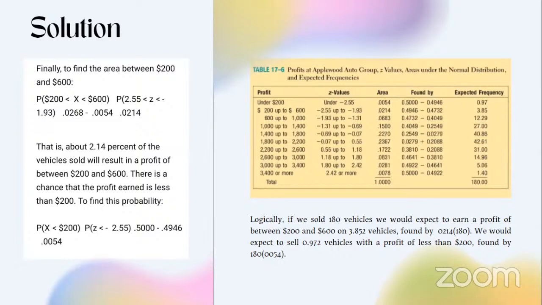We would expect to sell 0.972 vehicles with a profit less than $200, found by 180 times 0.0054.